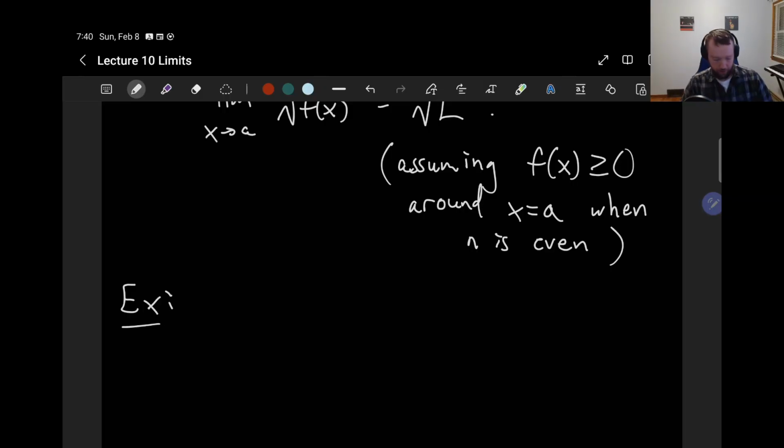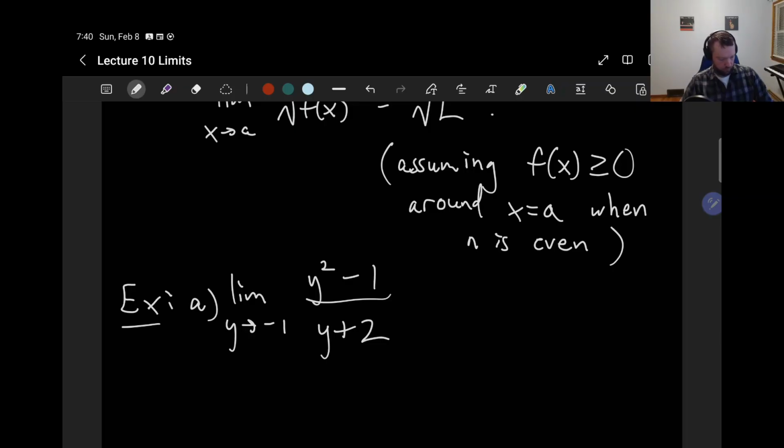Let's do some more limits. Part A. We'll use the letter y this time. Let's try plugging in this value for y.